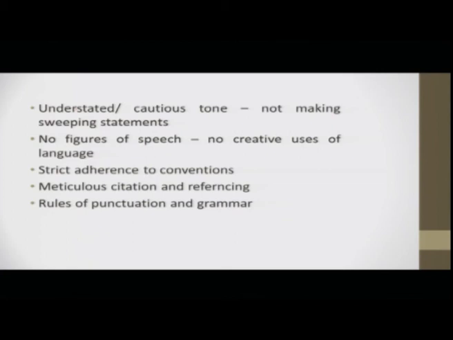As I mentioned, you do not use language creatively, you adhere to conventions strictly, you have to adhere to rules of punctuation and grammar, and of course, meticulous citation and referencing is another key feature of academic writing. We will explore these aspects in detail in the following lectures.